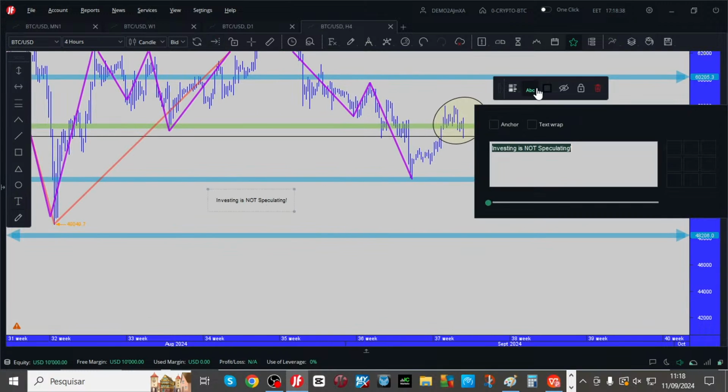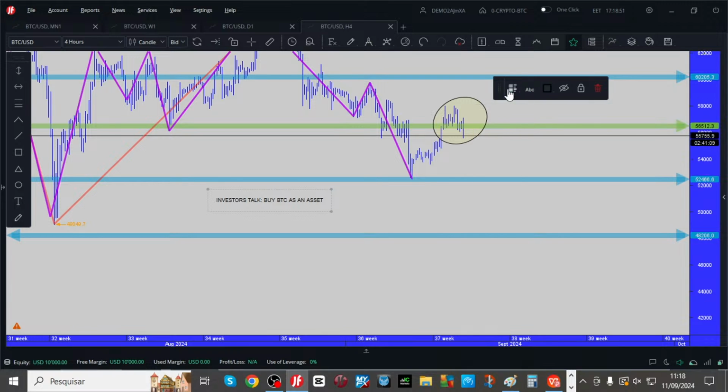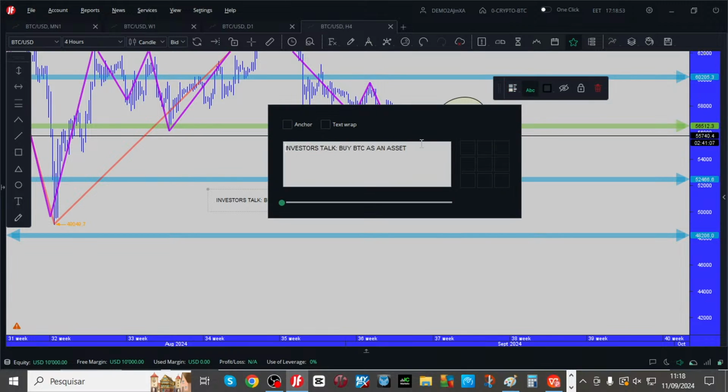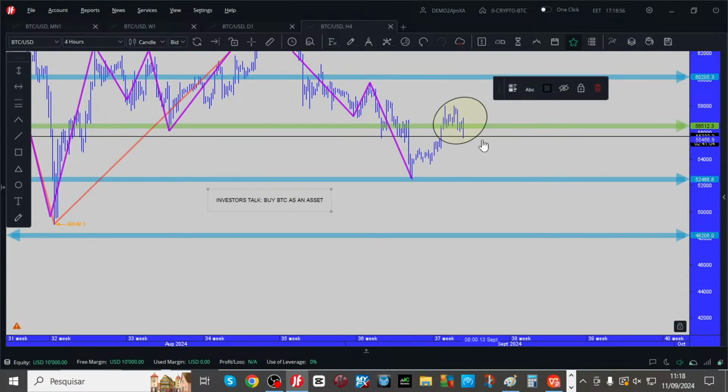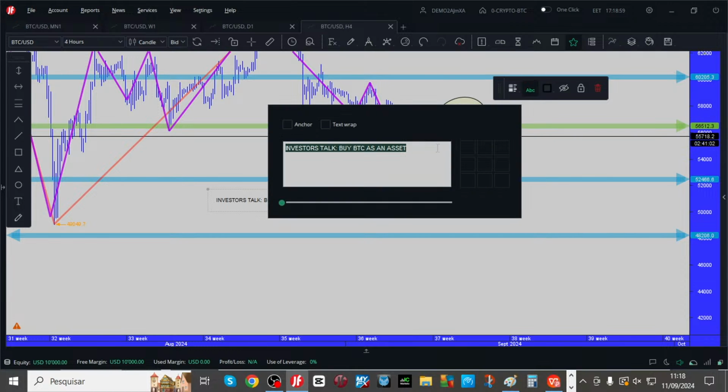So, investor stock, right? Buy BTC as an asset, or dollar cost average Bitcoin.